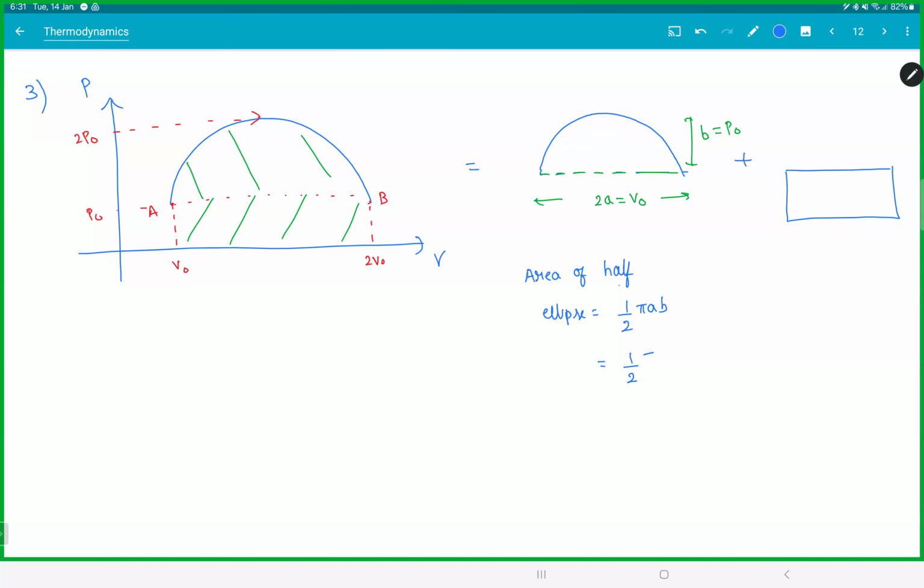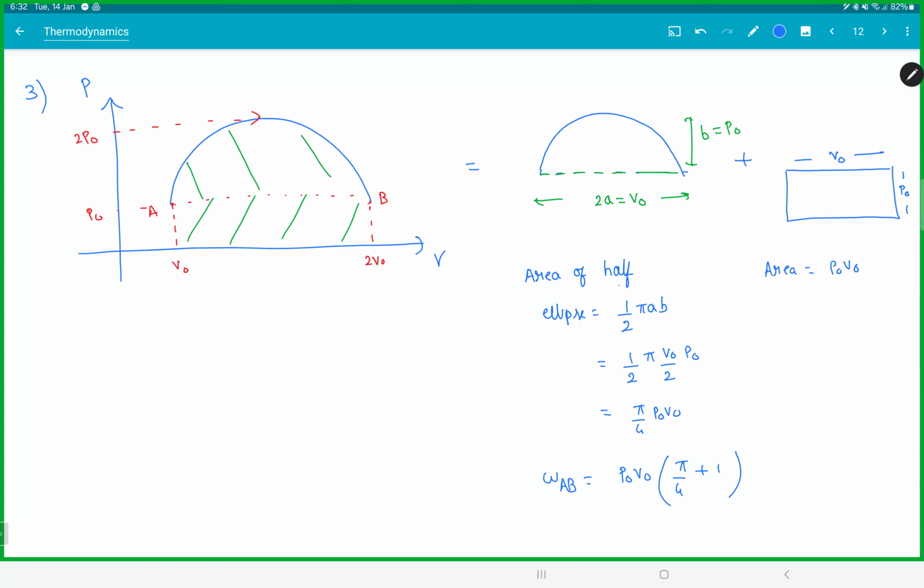So in place of A we have V naught by 2, in place of B we have P naught. So this is pi by 4 P naught V naught. What about this rectangle? This is V naught and this is P naught. So this area will be P naught V naught. So the total area under the curve is the work done from A to B. Just add them up: P naught V naught, pi by 4 plus 1.